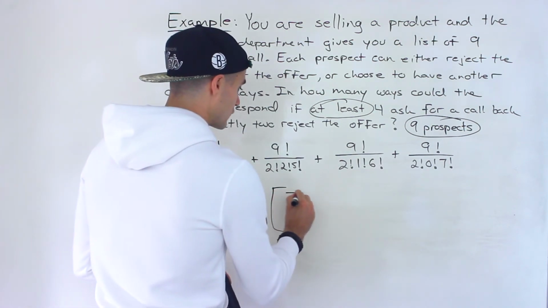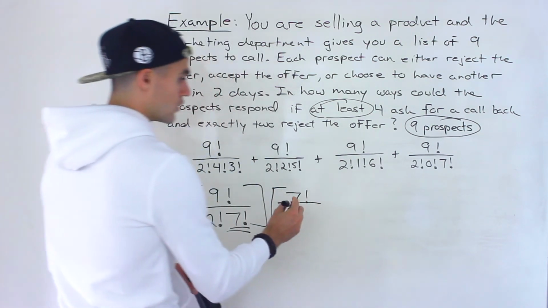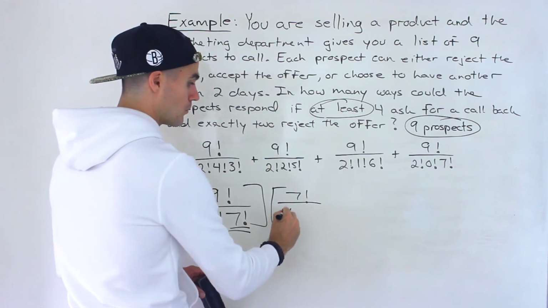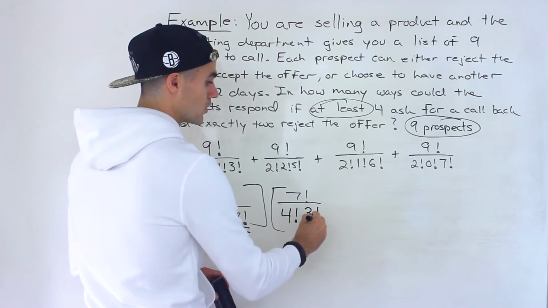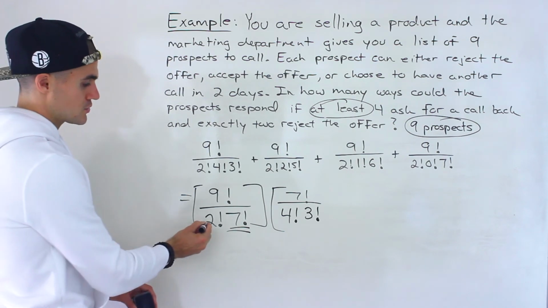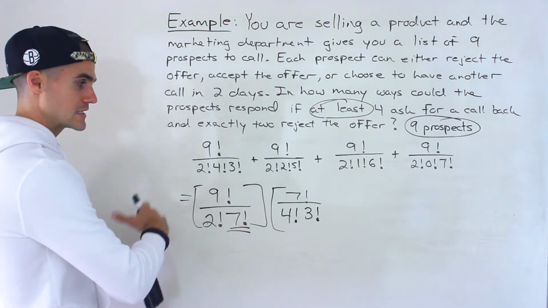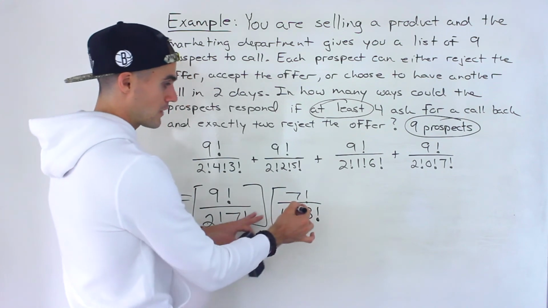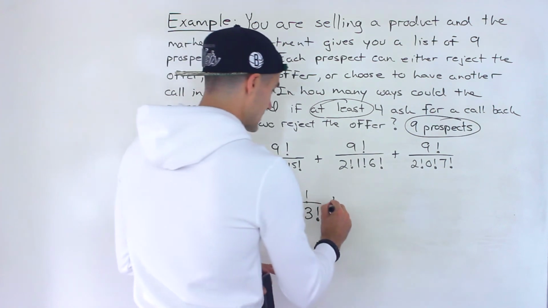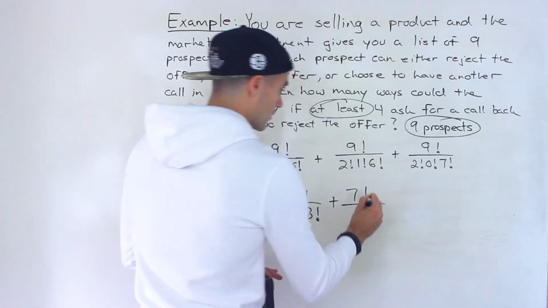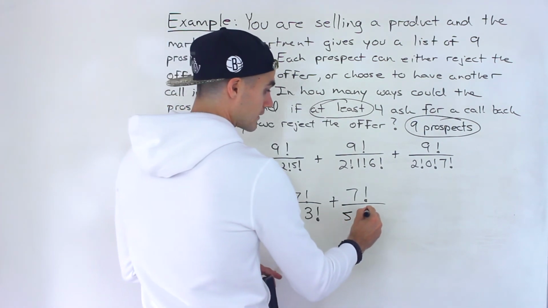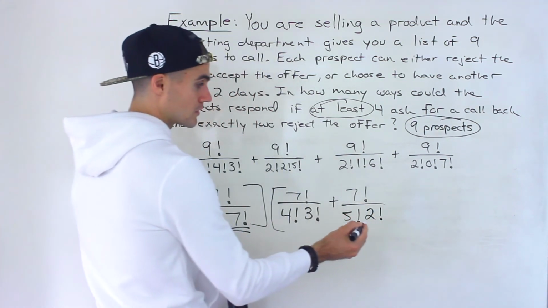So notice that the first case, 4 of the 7 would ask for a callback, which means 3 would accept the offer. While these 2 are rejecting, but again, they're already taken care of. Now we're just dealing with how to organize that 7 that don't reject the offer. The next case would be from the 7 that don't reject, well, 5 can ask for a callback, which means 2 would accept the offer.